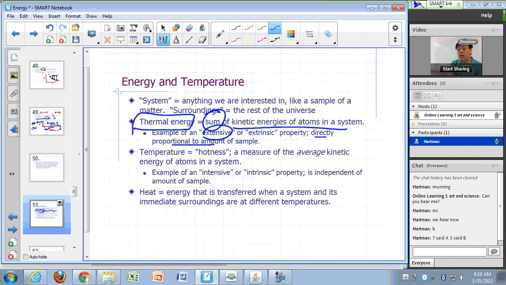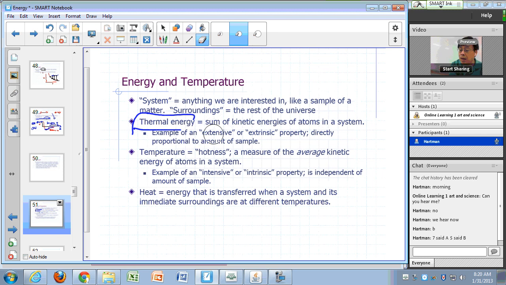So thermal energy is not heat. When we say thermal energy, we actually mean kinetic energies of the atoms in your system. The more atoms you have under the same conditions, the more thermal energy you have.